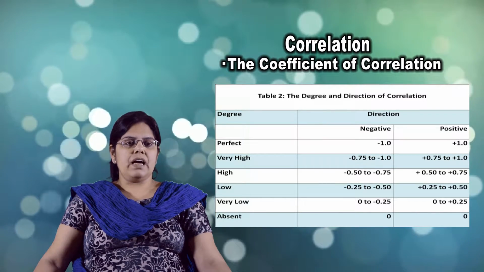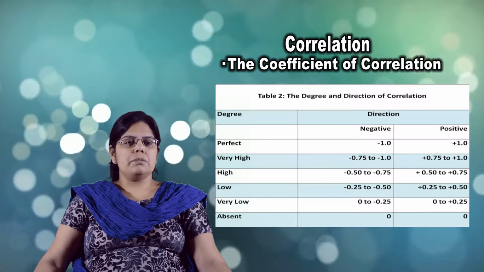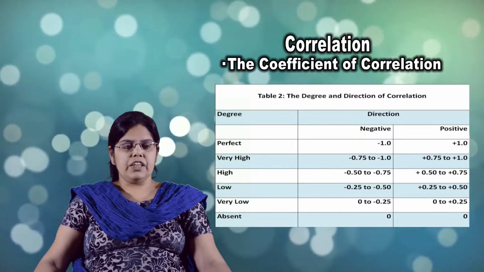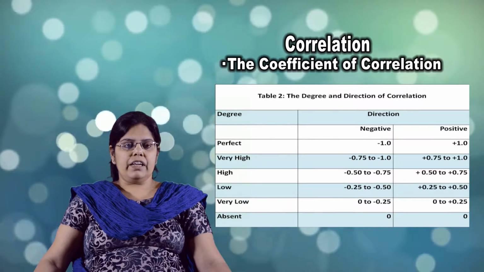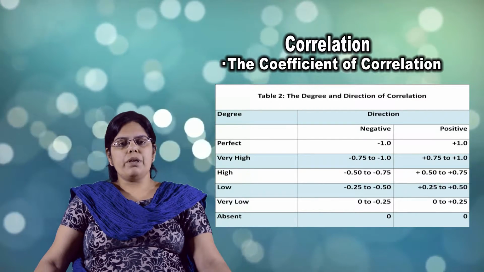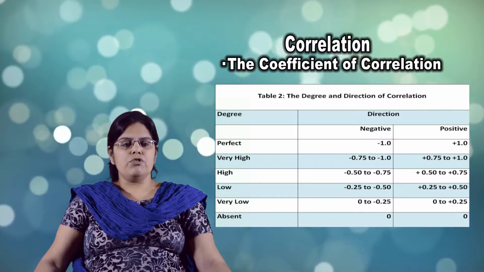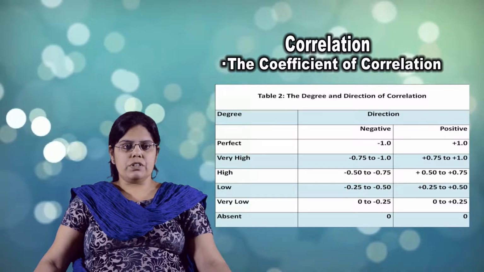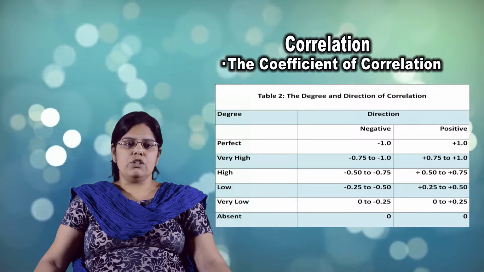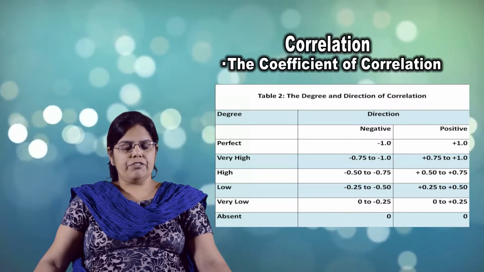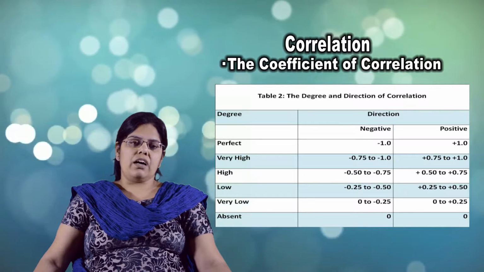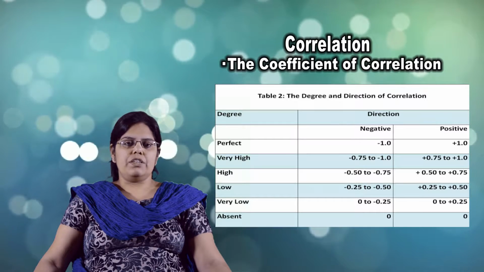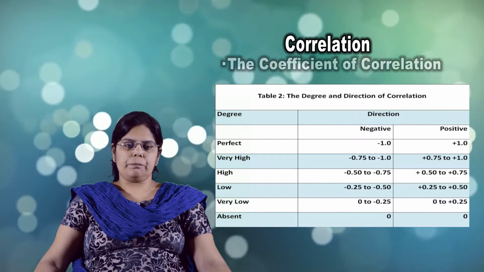Correlation is said to be high when the value ranges between 0.50 to 0.75. It is said to be low when r value is somewhere between 0.25 to 0.50. Very low correlation is reported for values of 0 to 0.25, and the value of r equal to 0 represents absent or no correlation between the two variables.